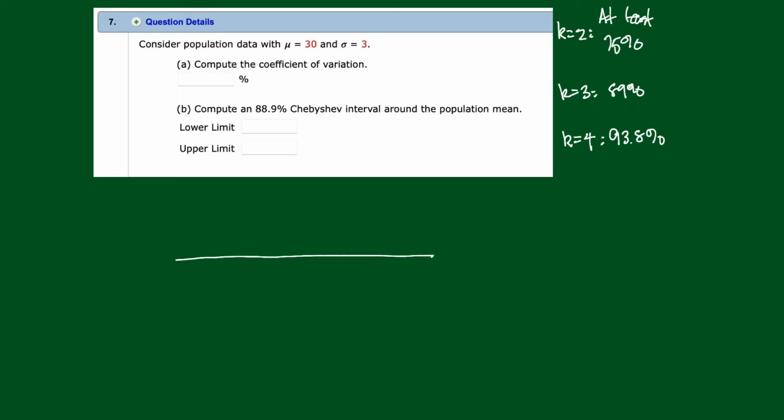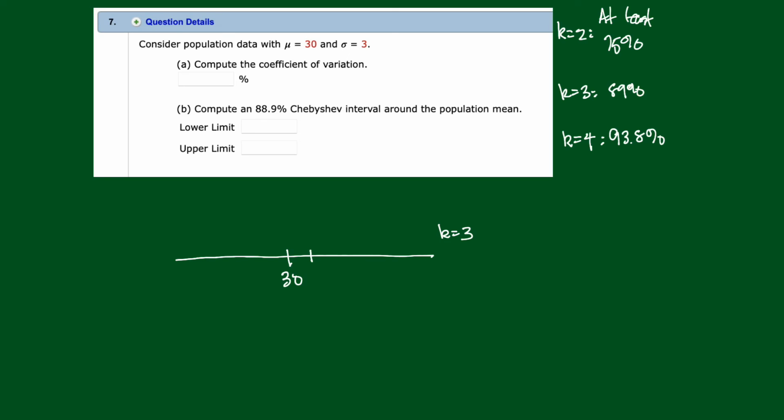Here's all of our data, and here's the mean, which is 30. Now we want to create an interval around the mean that's an 88.9% Chebyshev interval. That's k equals 3. So we're going to go 3 standard deviations in both directions. It says within, so within means below and above.